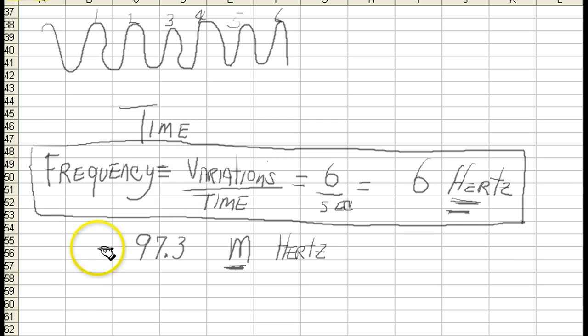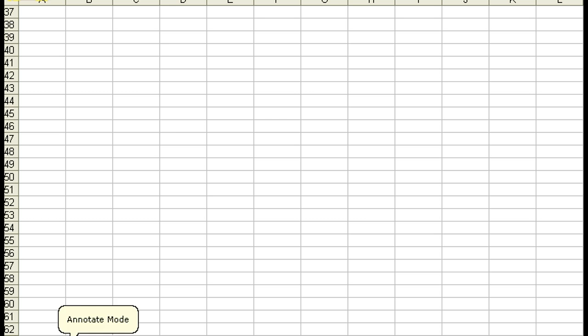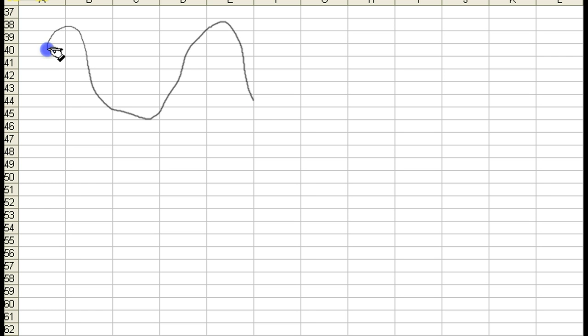Okay, so now let's talk about some other characteristics. Let me clear the deck here. Alright, we're going to get our radio wave again, and I'm going to expand it out a little bit. One of the other characteristics where we describe a radio wave is what we call its wavelength.